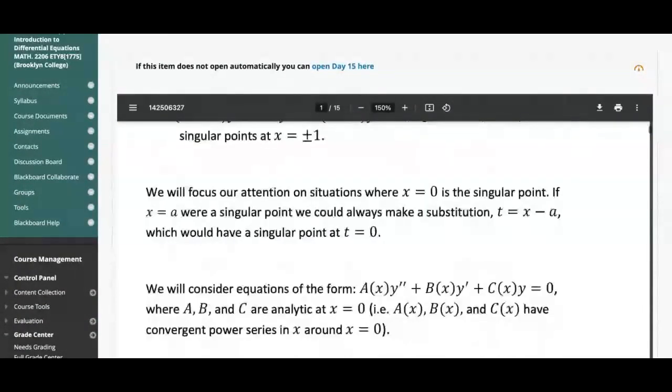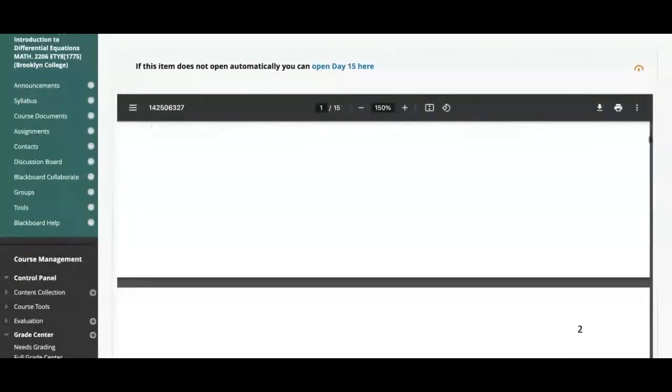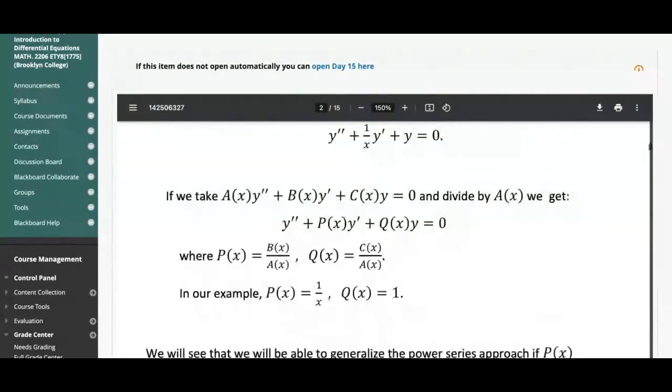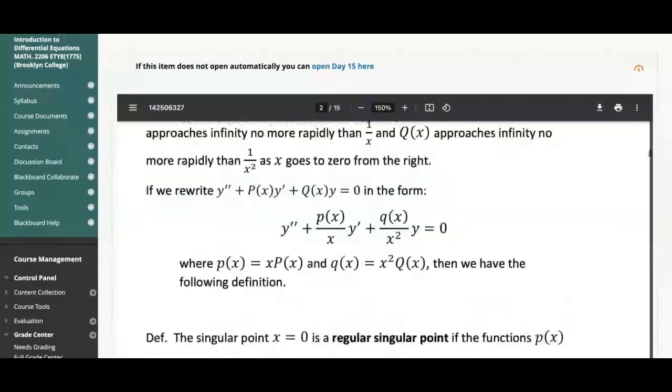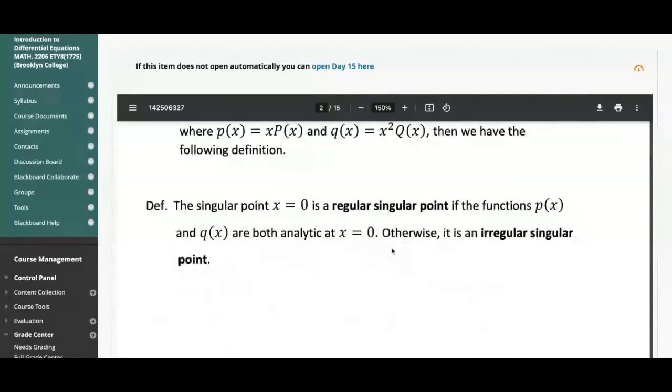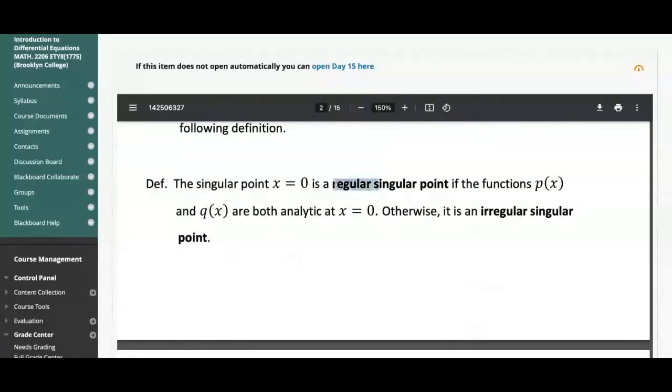Okay, let's see. So Frobenius method, a famous method. Right, regular singular point. Remember lowercase p is x times capital P of x.